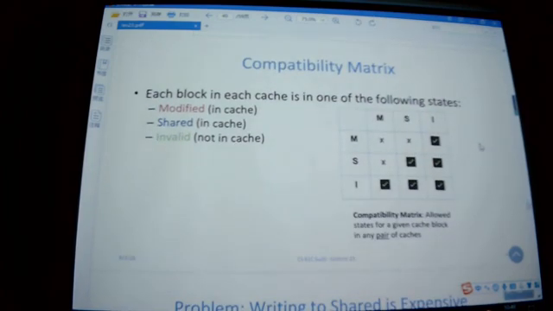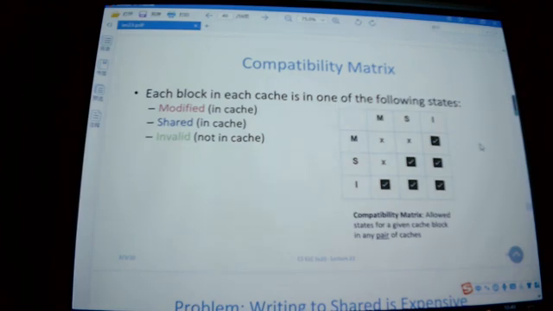Okay, this is the compatibility matrix. Each block in each cache is in one of the following states: M modified, S shared, or I invalid. But invalid isn't in the cache; modified and shared are in the cache.